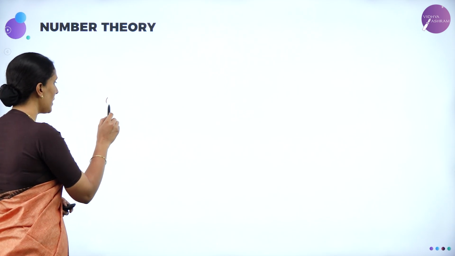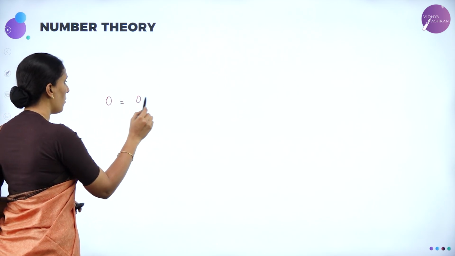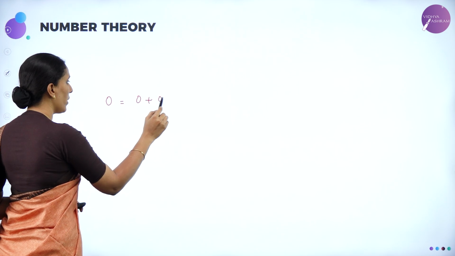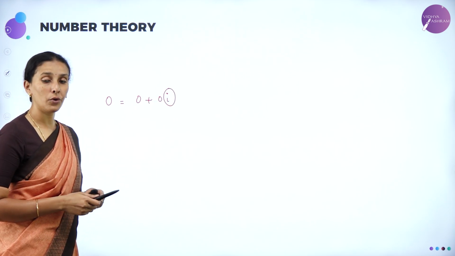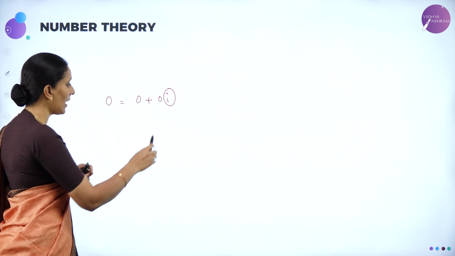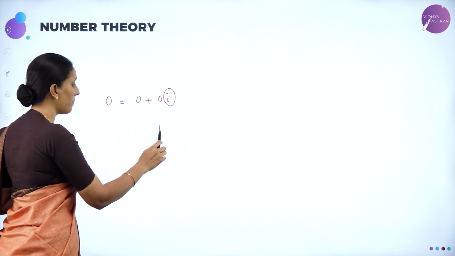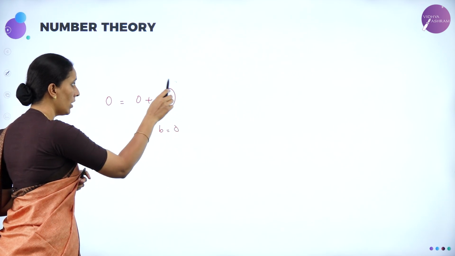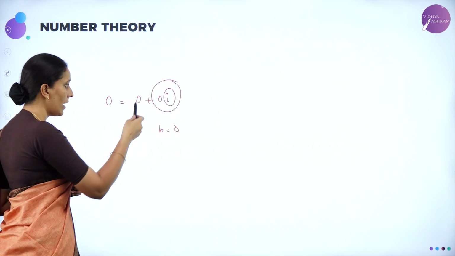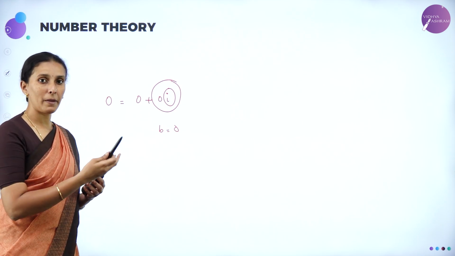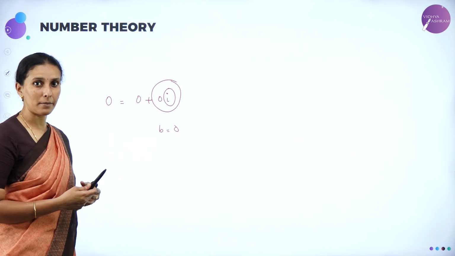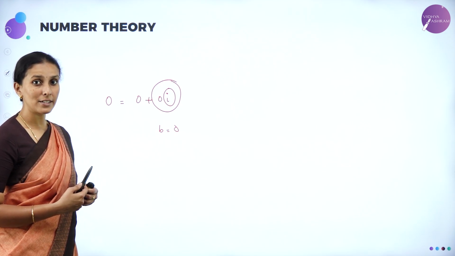Remember, the number 0 can be represented in the form of 0 plus 0 into i. Here i is not 0. i is always equal to root of minus 1. Since the real as well as the imaginary part is 0, since b is 0, the imaginary part becomes 0. Any real number can also be represented in the form of a complex number where its imaginary part becomes 0.